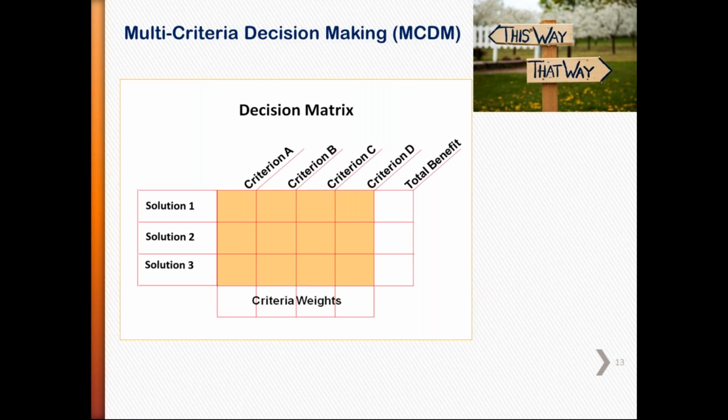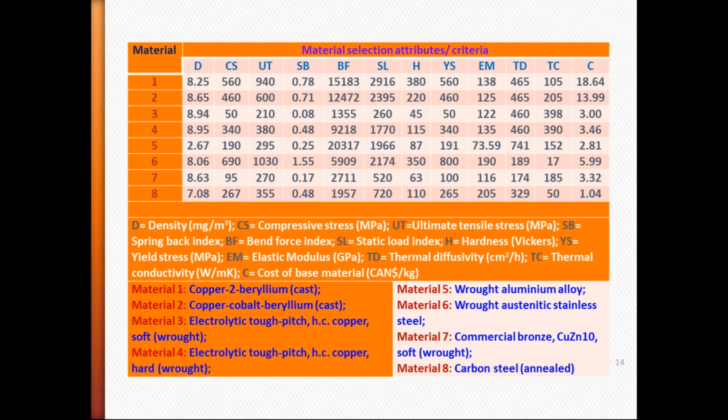But the summation of all criteria weights should be equal to 1, as far as we are talking about multi-criteria decision making considering objective data, numeric data.